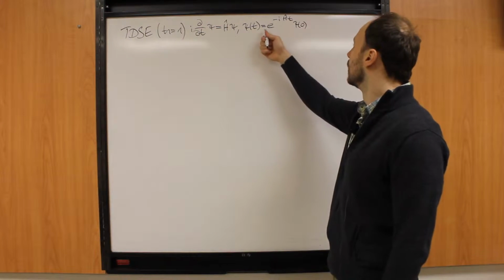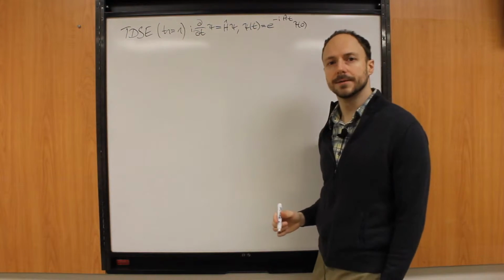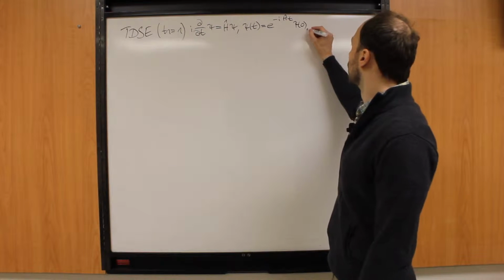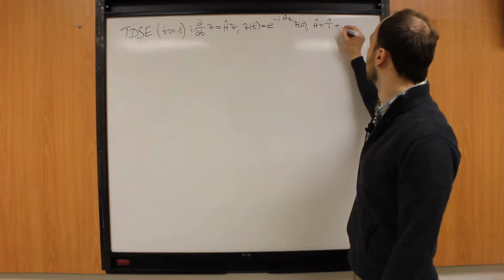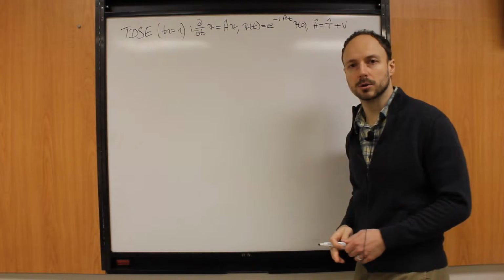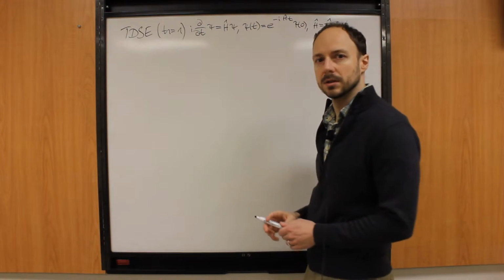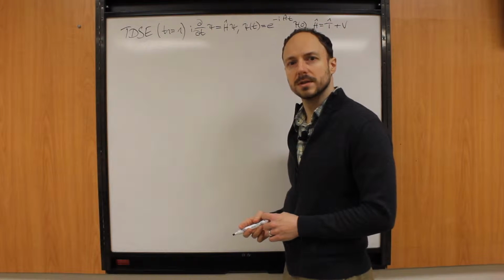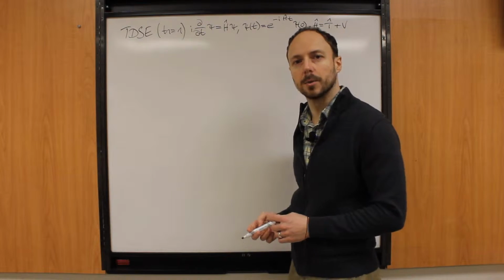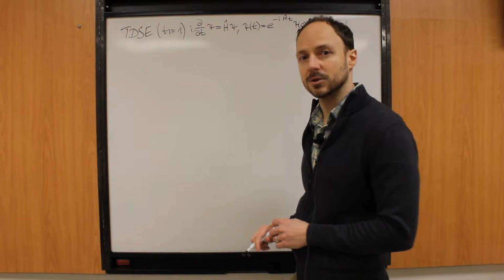And evaluating this exponential is kind of difficult, especially because the Hamiltonian consists of the kinetic and the potential operators, which do not commute. So typically, one of the first ways to solve this that you learn is the split operator, and I'll be looking at that today.